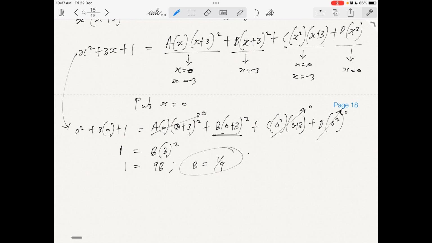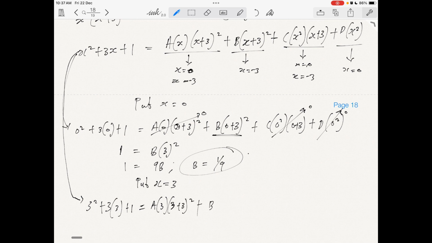So now let us put x equal to 3. From this same equation, wherever we see x, we substitute 3. So that means 3 squared plus 3 into 3 plus 1 is equal to a into 3 into 3 plus 3 squared plus b into 3 plus 3 whole squared plus c into 3 squared into 3.